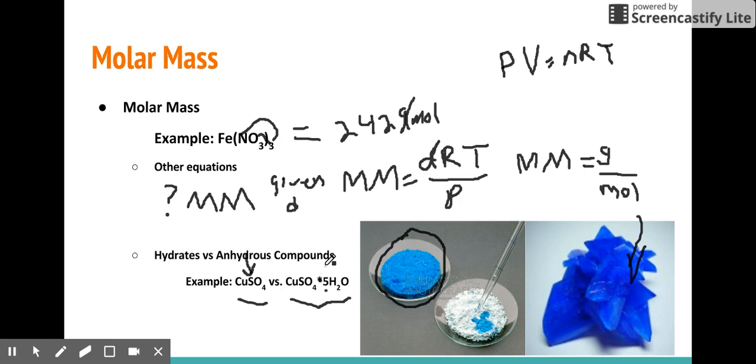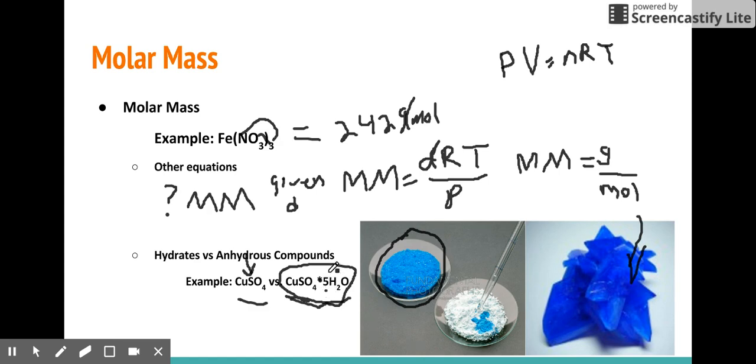When you are adding up molar mass, I have this question every year. Do we use coefficients to add up the molar mass? The answer is no. I never use coefficients except for when I'm working with hydrates, because this hydrate is one big compound. This is one big compound here.